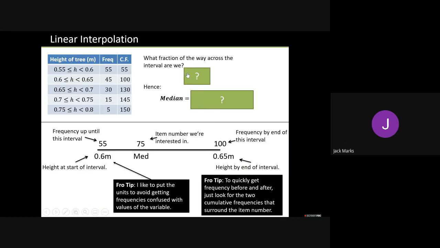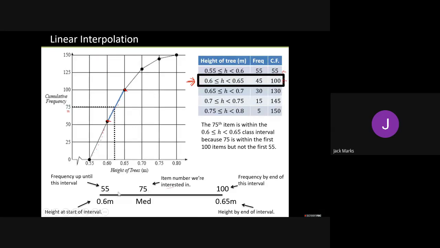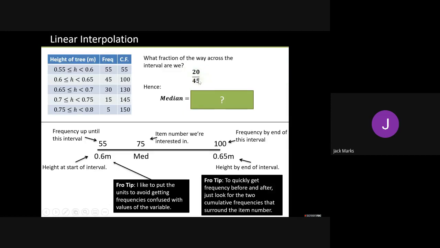So if we go back, in terms of the people on the top, we go from 55 to 100. So 45 people are there. And can you see that we are 20 people in? We are 20 people in counting up out of the 45 people. And that gives us this fraction. This is counting on from 55 to 75.